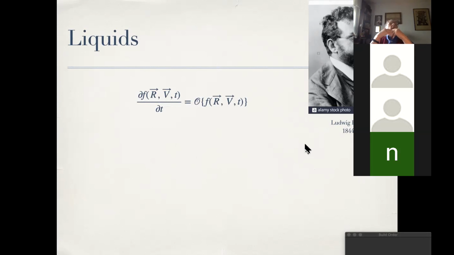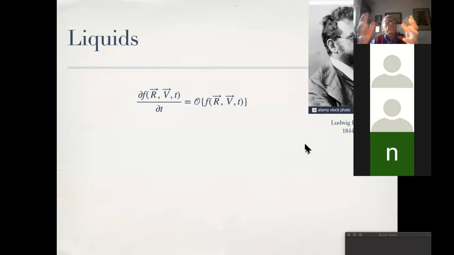It is a seemingly simple looking, but extremely difficult integral differential equation, which Boltzmann had written. And what is very important, this equation can be derived in a systematic way from the very fundamental laws of classical physics, namely from Newton equations.